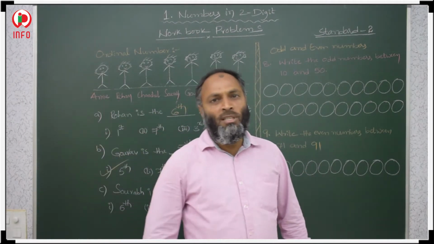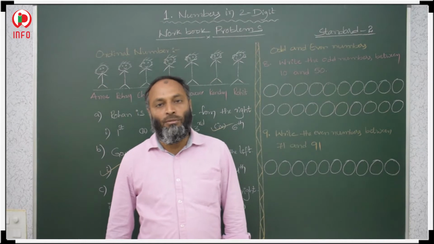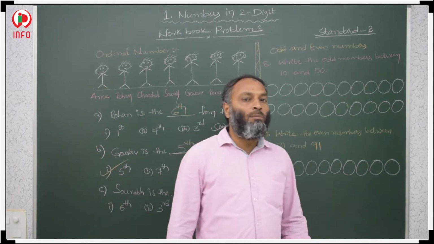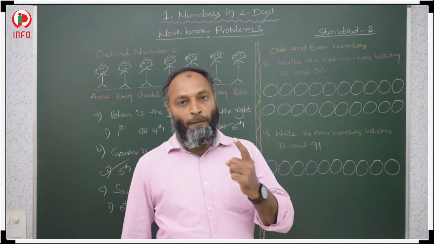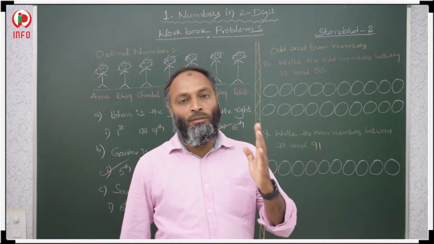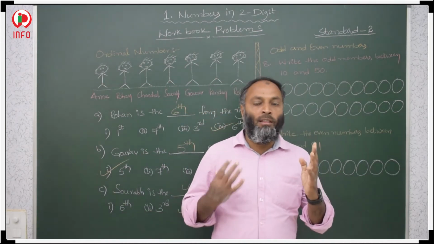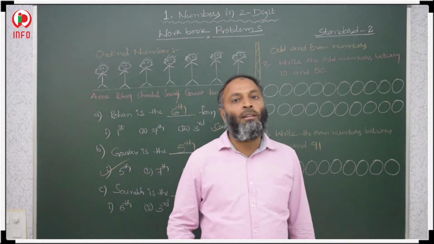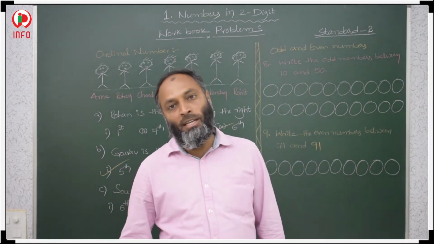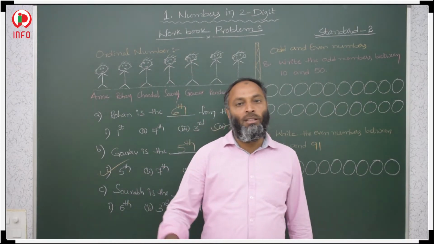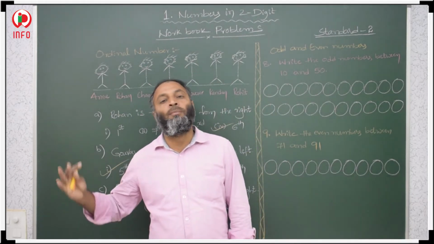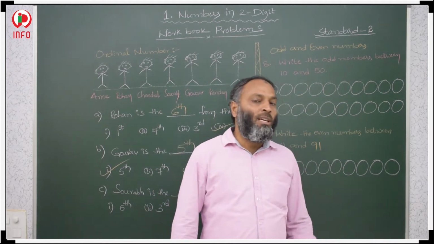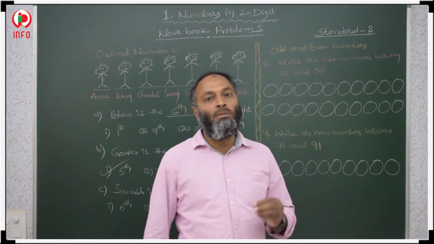All these numbers are divisible by 2. Odd numbers start from 1, 3, 5, 7, 9, 11, 13, 15, 17, 19, 21, 23, 25, and so on. These numbers are not divisible by 2.